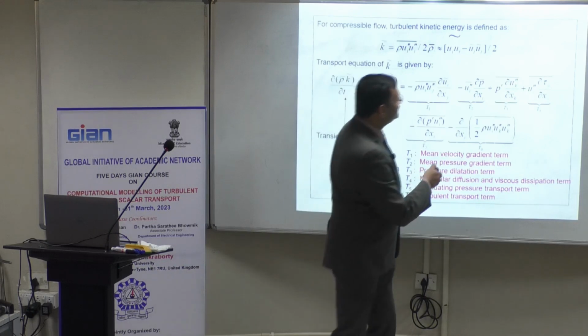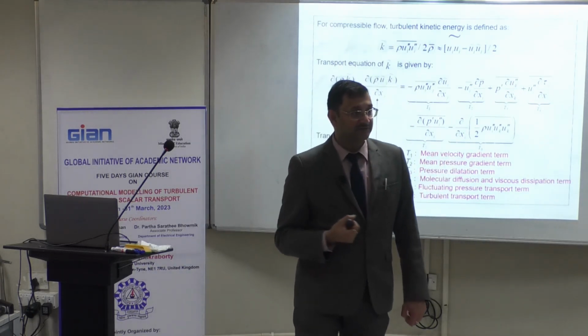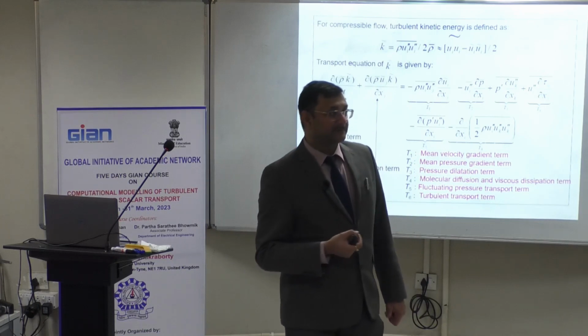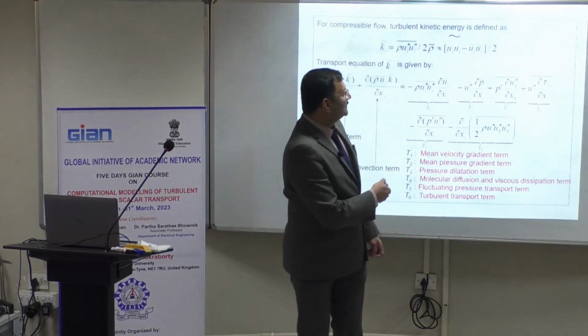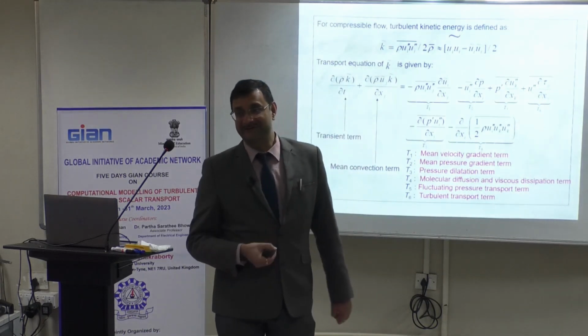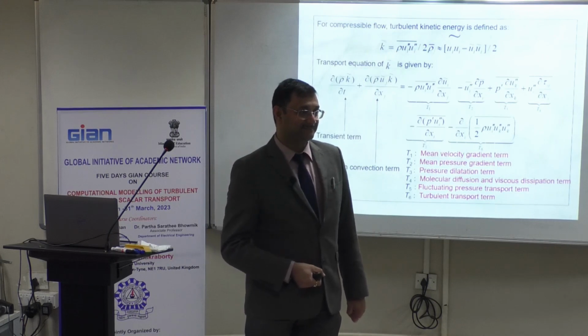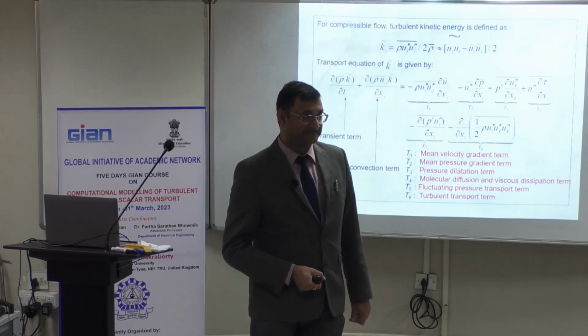If you consider this to be only one prime, that means Reynolds fluctuation. For incompressible flow, this term disappears because the divergence of the fluctuating component of velocity is 0 for incompressible flow.